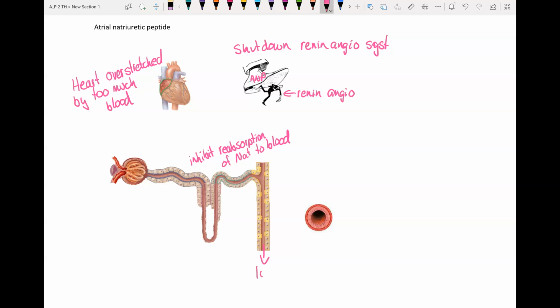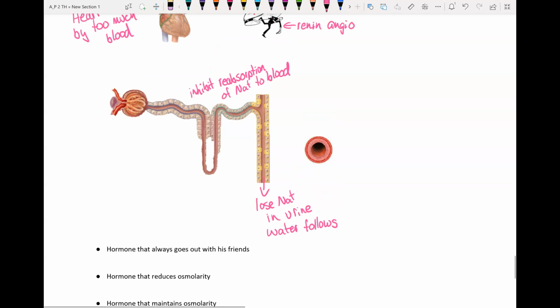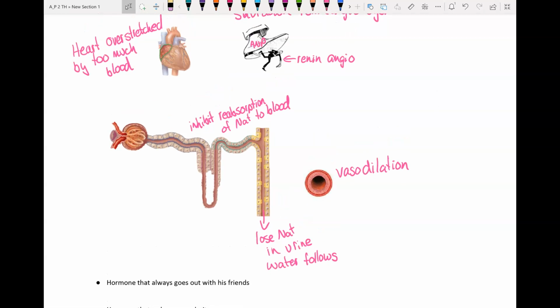That means you will lose sodium in the water, or in your urine. And if you lose sodium in the urine, water follows. So you're going to have more urine production. You're going to take sodium and water from your blood and lose them in the urine. You're also going to cause vasodilation. You want to reduce the resistance and get some relief on all that blood going into the heart and stretching the heart.